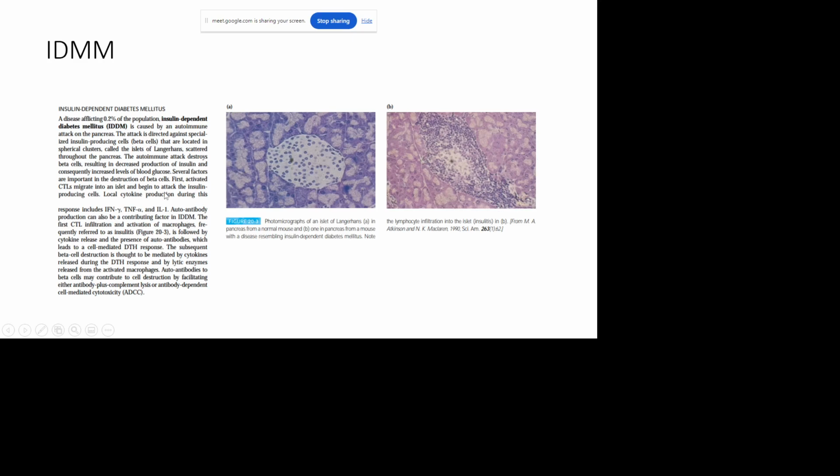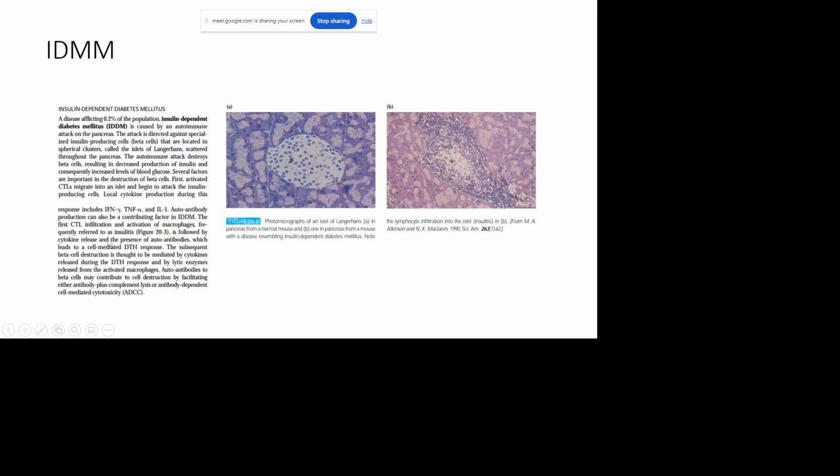That will decrease the production of insulin, right? And it will secrete cytokines, for example IFN gamma, TNF alpha, IL-1, right? That will also activate macrophages and other lymphocytes, which can damage the pancreatic beta cells.